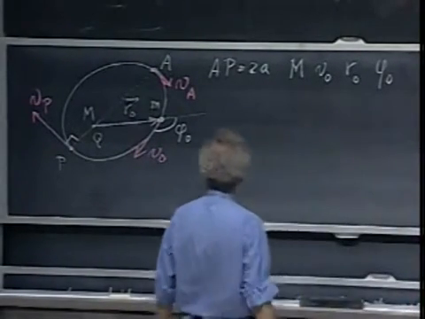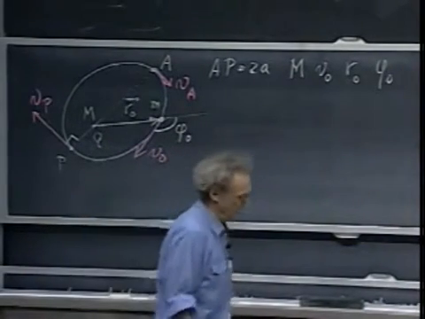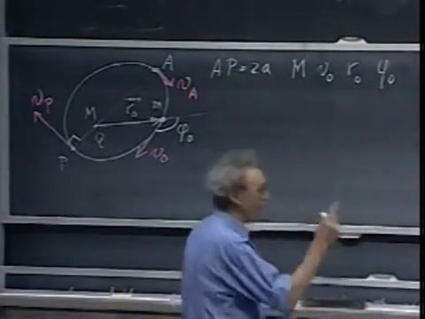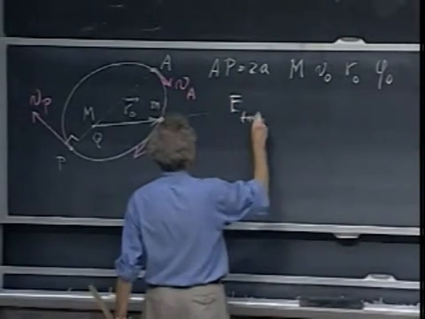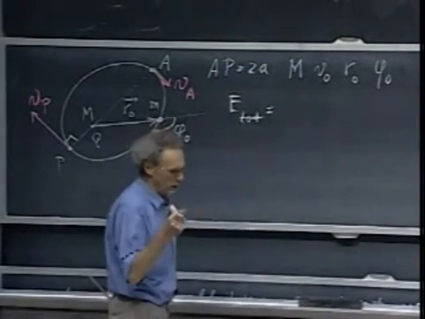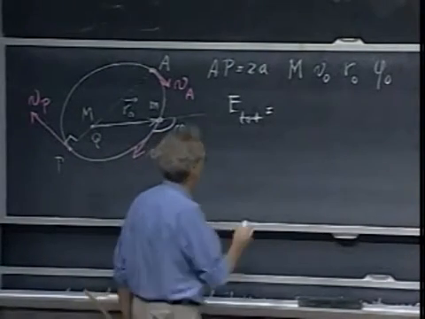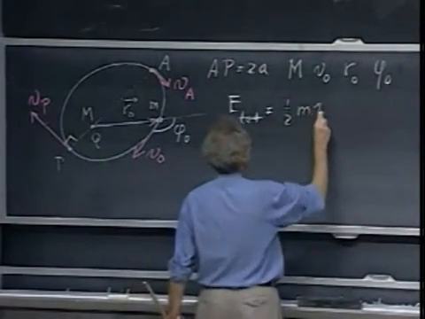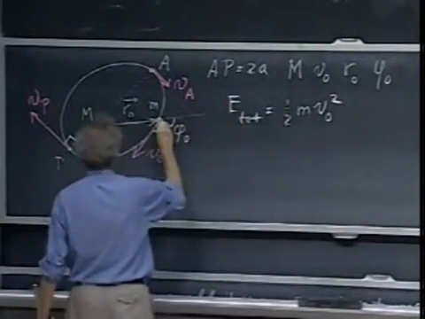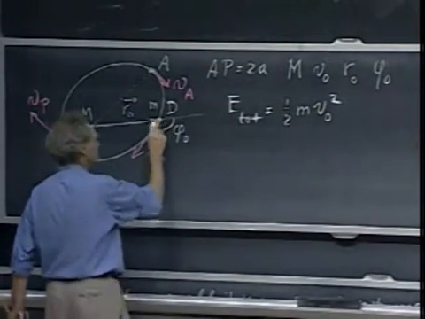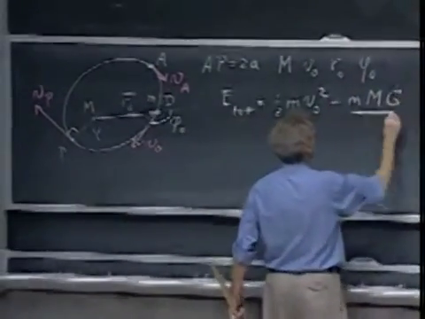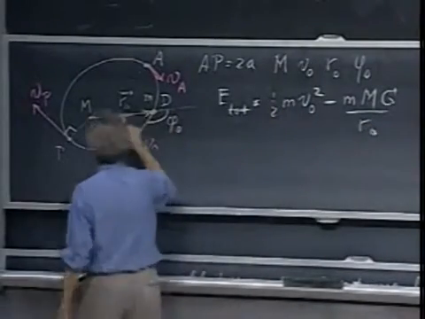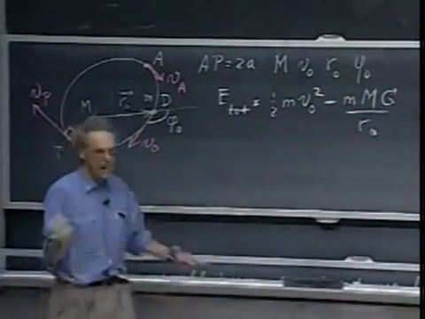A is the easiest to find, the semi-major axis. I turn to equation number 5, which is the conservation of mechanical energy. The conservation of mechanical energy says that the total energy, the kinetic energy plus the potential energy, equals 1/2 m v0 squared, that is when the object is here at location D, minus little m, capital M, g, divided by this r0 at location D. This can never change.